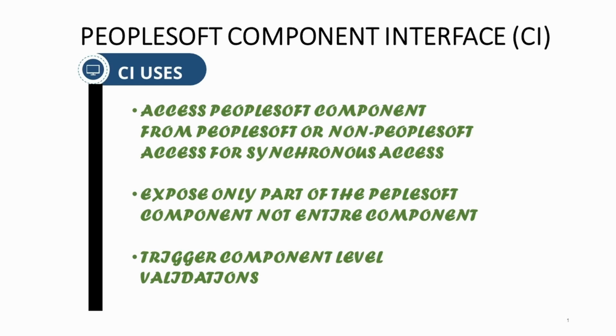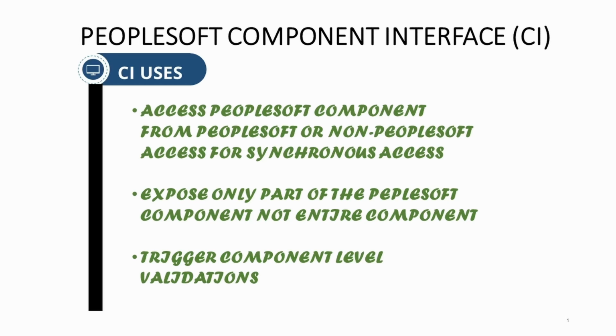However, the requirement also says that the user or the external system that is updating the PeopleSoft field on the page should not have complete access to all the other fields on the page. In this case, we have two ways to achieve this. Either we can write a program that will run background SQL scripts to update the data on the page, or the other option is to use a component interface.